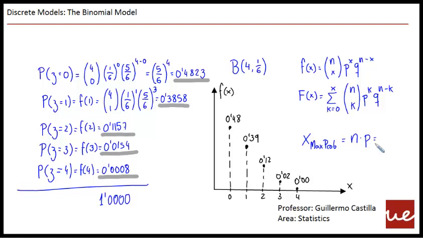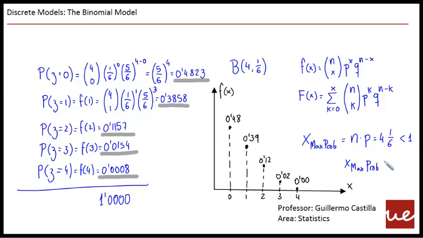The number that would give me the maximum probability in this case would come out of multiplying n times p. In this case, n is 4 times p, which is 1/6, is smaller than 1. So the x of maximum probability is 0.